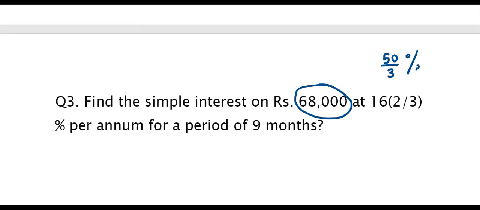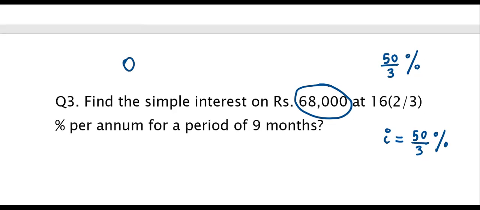I can't write that in terms of decimal because if you try to divide 3, you will get point something. So let's not write that way. We'll see how to do it later. Now the time period is 9 months. So 9 months you have to write in years.